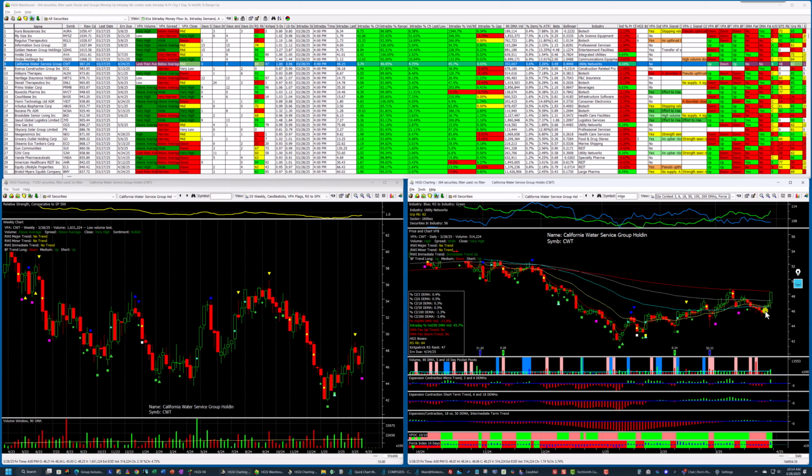Now going over here to the weekly chart, it doesn't look quite as rosy, but it does show a series of higher highs and higher lows. There was an inside week here, and then higher highs. Here's a lower high and lower low and a higher high, and then it continued to move up.